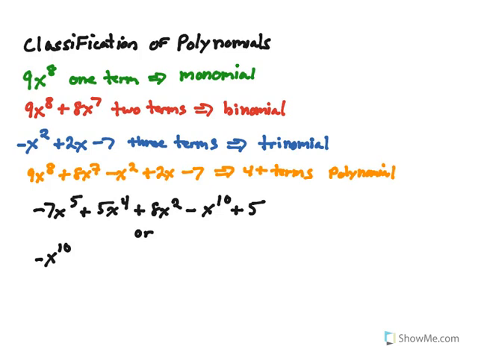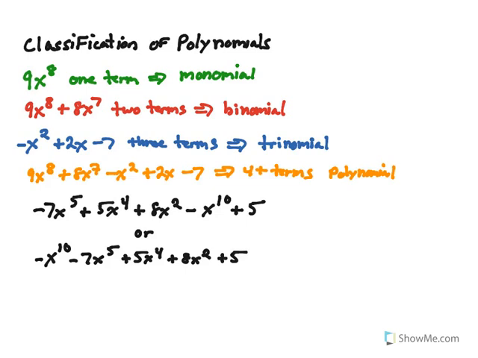Okay, so negative x to the 10th, and then the second highest exponent would be 5, so it'll be minus 7x to the 5th power. And the third highest exponent would be, in fact, plus 5x to the 4th. The fourth highest exponent would be 8x squared, and then what you have left is the constant, and that should always be last.